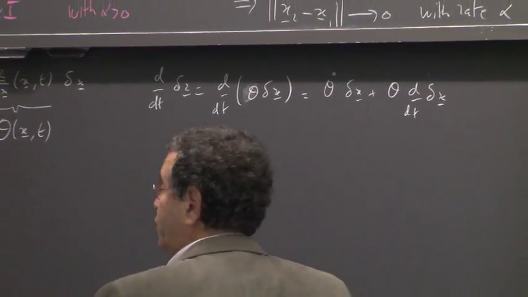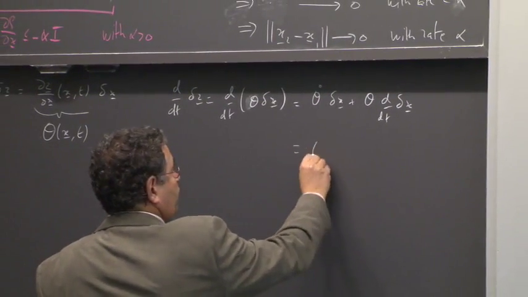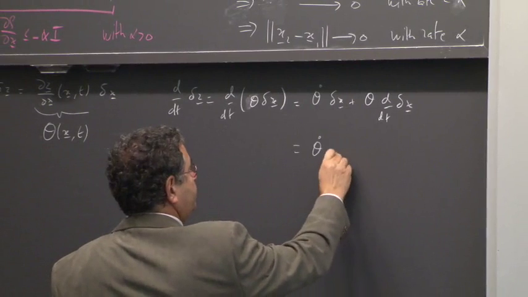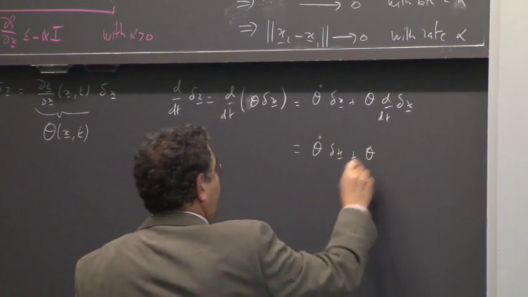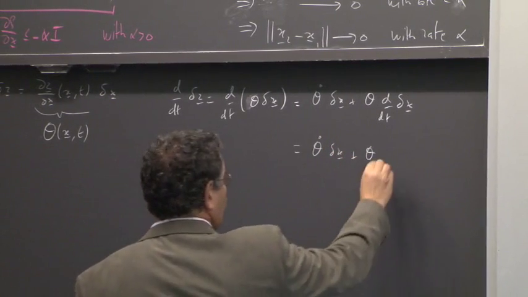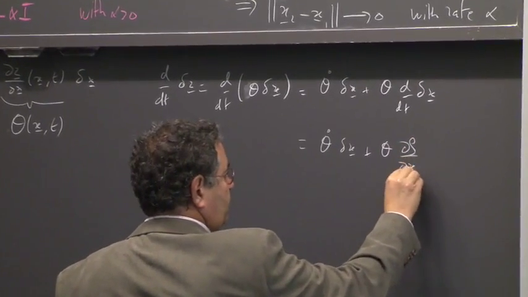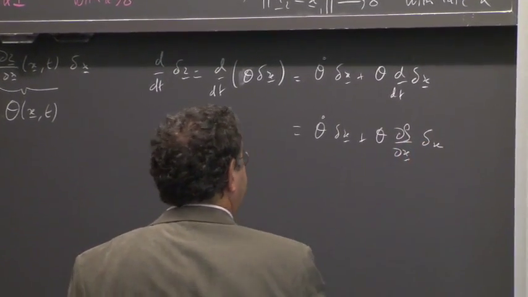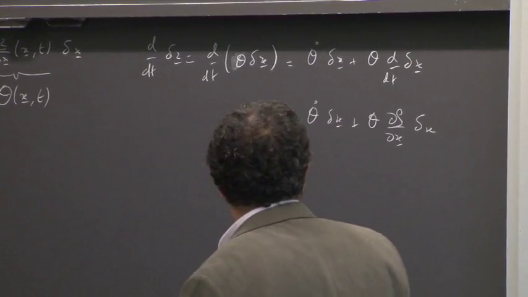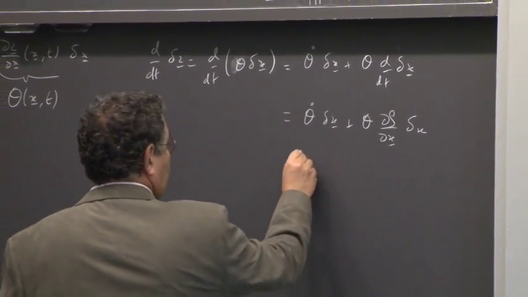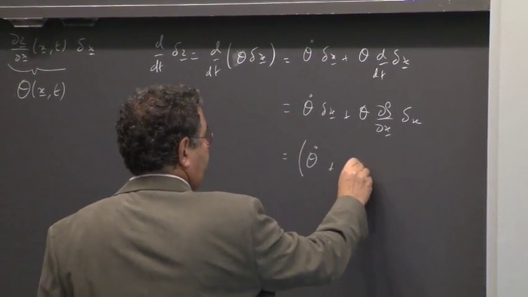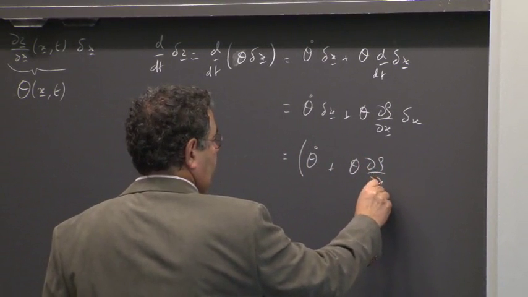D over dt of delta x, we know what that is, okay? So it's theta dot delta x plus theta times the Jacobian times delta x. So it's theta dot plus theta Jacobian, times delta x.